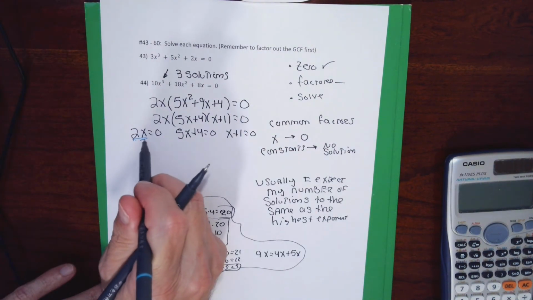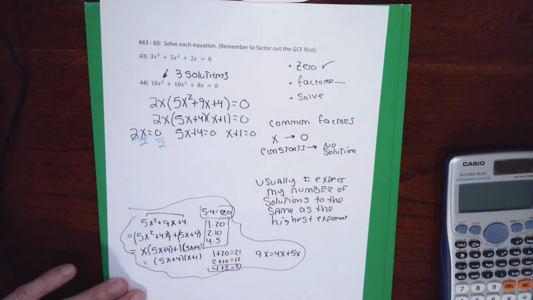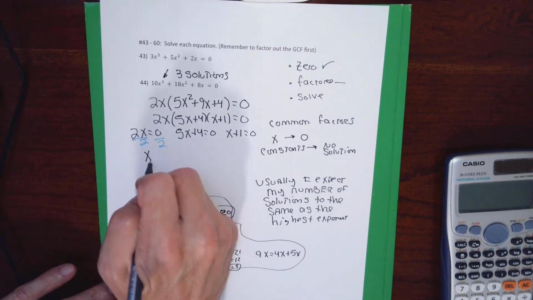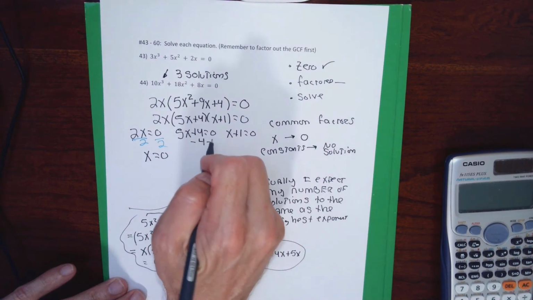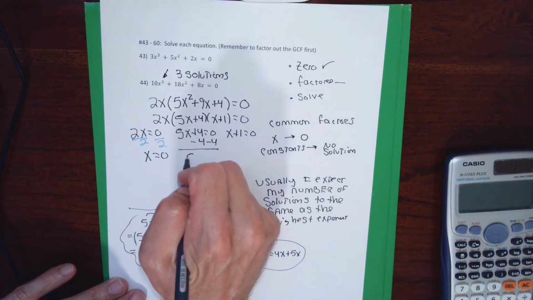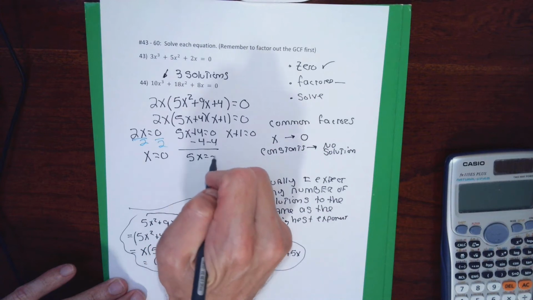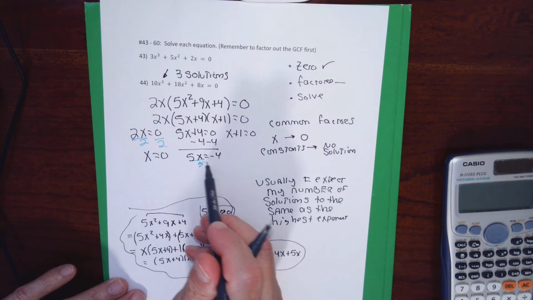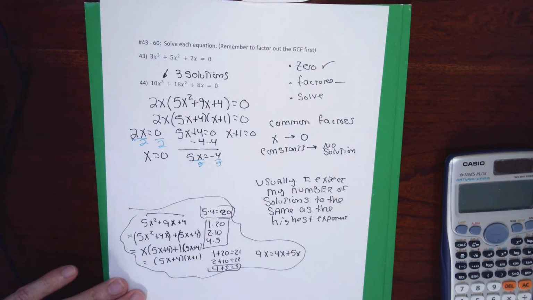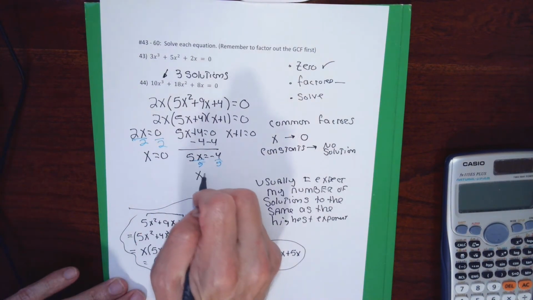For the 2x equal to 0, I divide both sides by 2 and get an answer of 0. For the 5x plus 4 equal to 0, I minus 4 and get 5x equals minus 4. I divide by 5 and I get x equal negative 4/5.